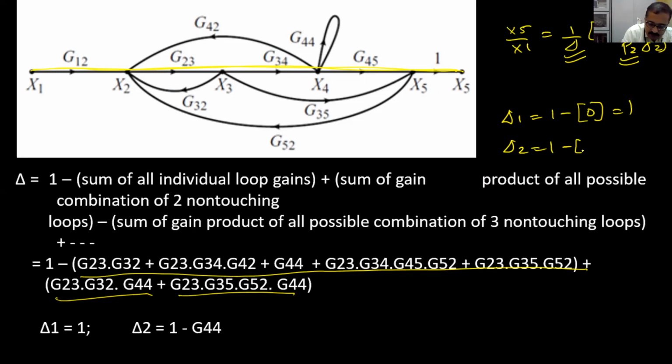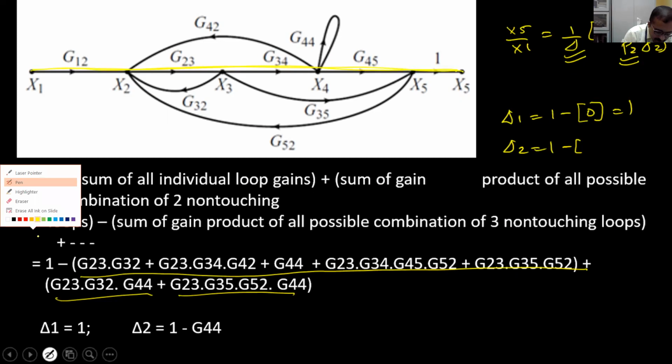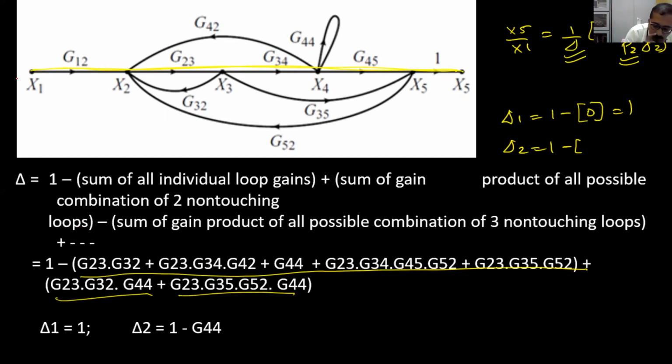The second forward path is this. Do we have any loop which is not touching the second path? Yes, G44 does not touch. So delta 2 is 1 minus G44. That is what is shown here.